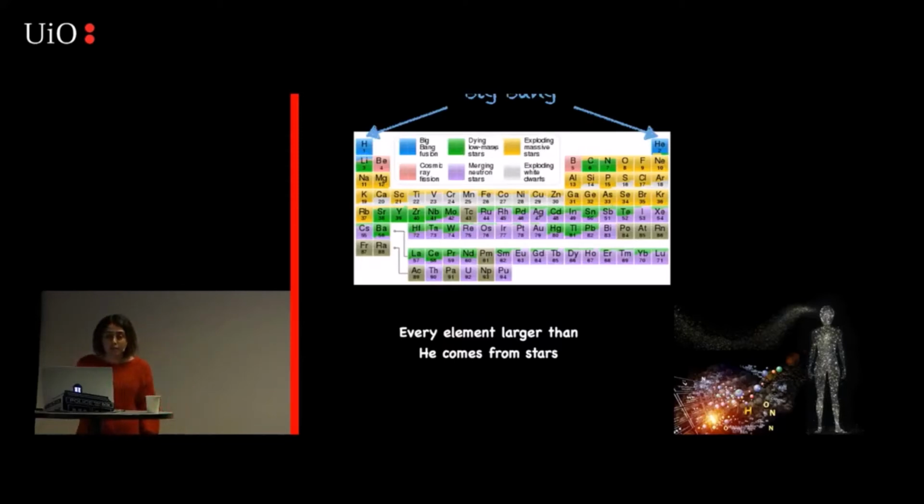As you can see here with the color code, for example, the species that are marked with green are coming from dying low-mass stars. And the yellow ones are coming from exploding massive stars. This means that basically everything that our bodies are made of, or everything that we see around us, all comes from inside the stars.